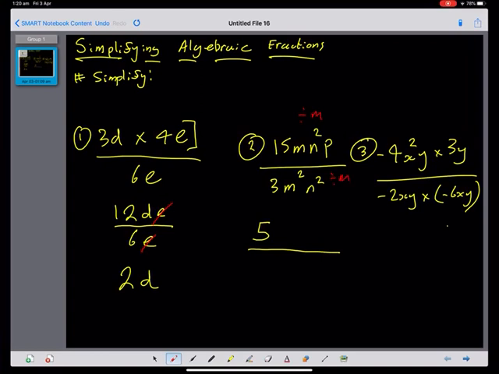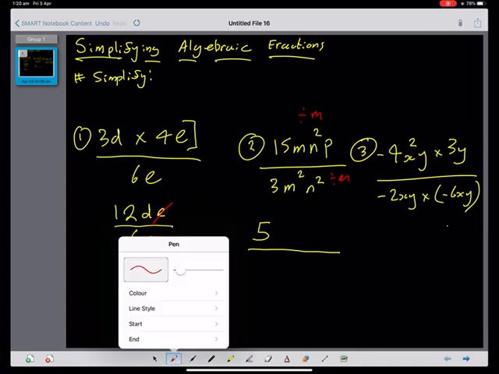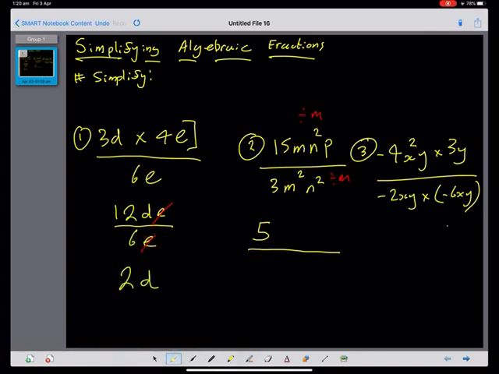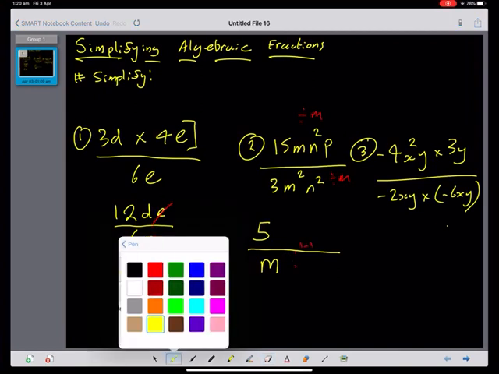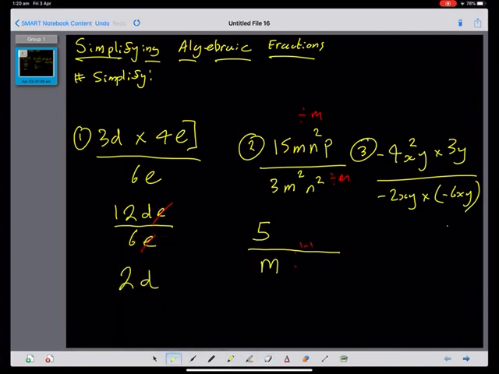We're just left with 1 on the numerator, and we are left with m on the denominator, because 2 minus 1 is just 1. But I'm not going to write that in. Okay, so we've managed to do that. So we'll rub this out.